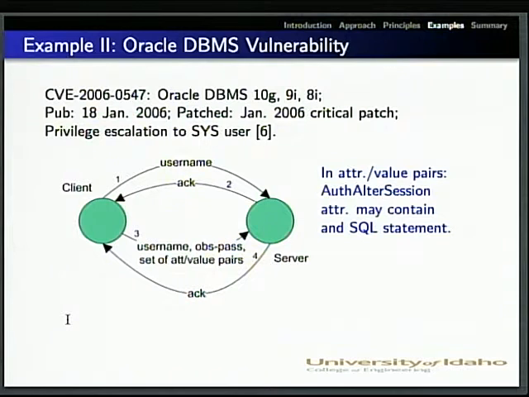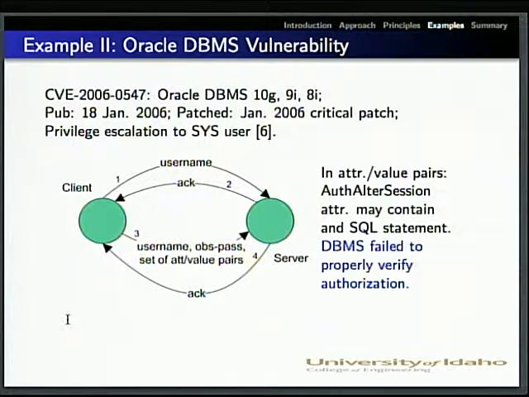In the attribute value pairs, which is what goes into the third step, there is an option that allows you to issue SQL statements. The purpose of these SQL statements is to allow you, for example, to change things like your language, what language you want to use to connect to the database. What happened here is that the DBMS failed to properly verify the authorization.